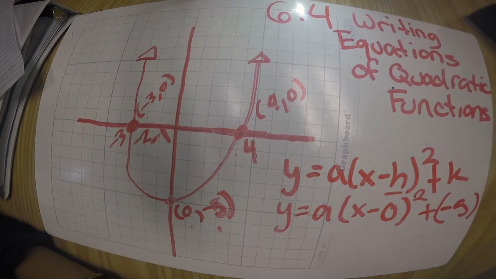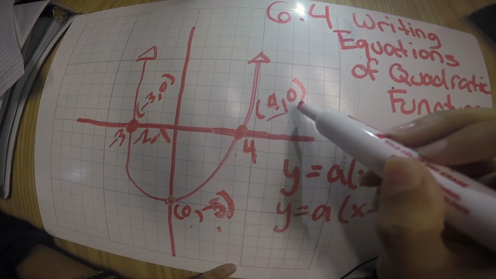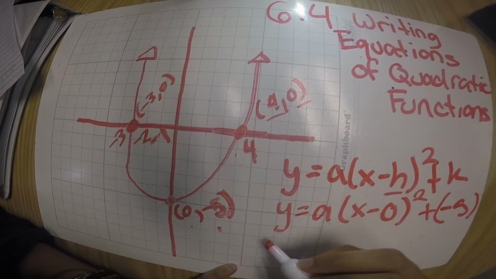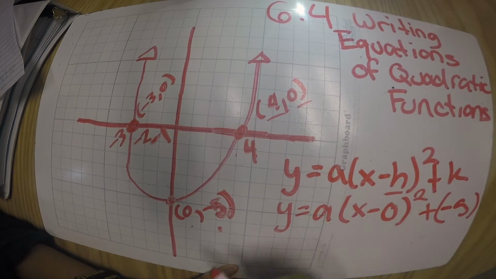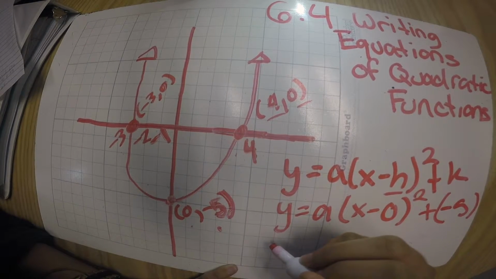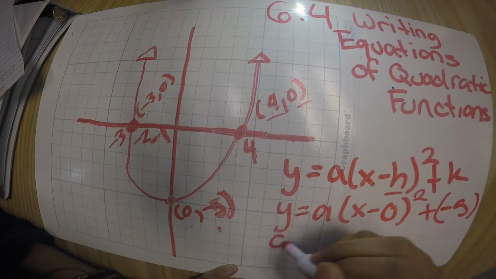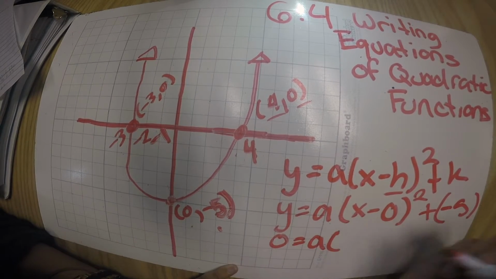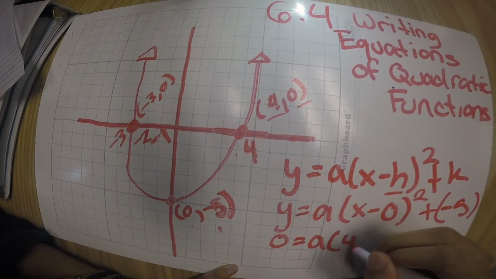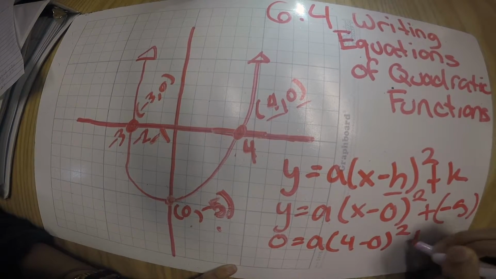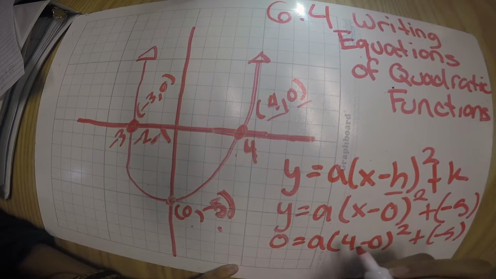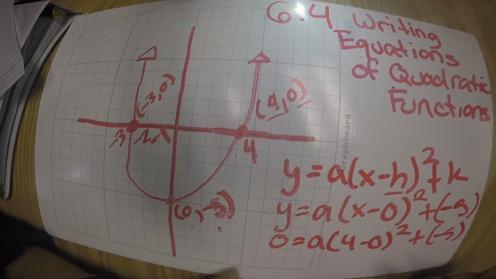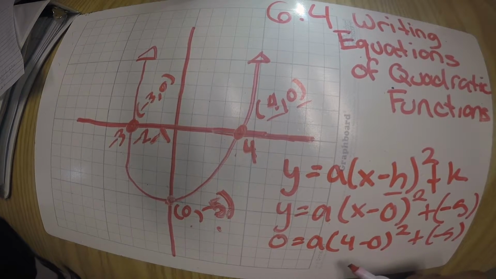And then you pick a point on your graph, and in this case, I'm going to put -4, 0. I'm just going to leave it like that. So, I'm going to replace the y with 0, and then I'm going to replace my x with 4, and then -5. And then after that, you're gonna solve what's in the parentheses. So 4 minus 0 is 4.